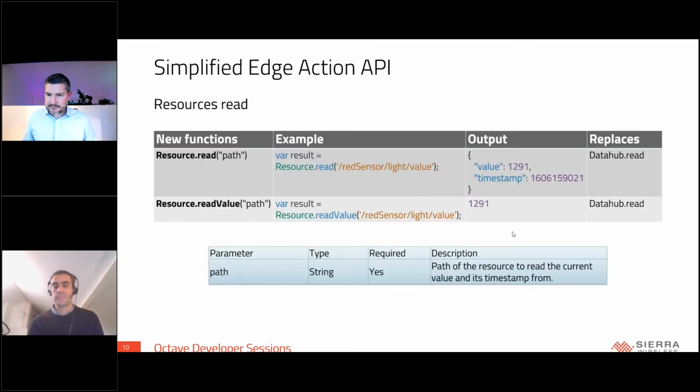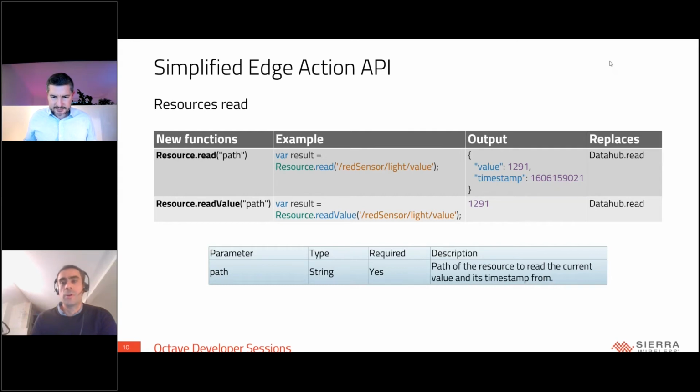Here are, for instance, the new functions to read resources and to read values. There is resource.read, which allows you to get a tuple: the current value of the resource, and the timestamp of its last update.